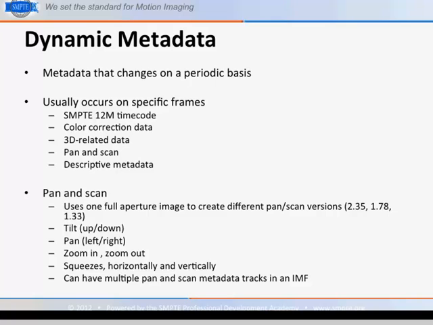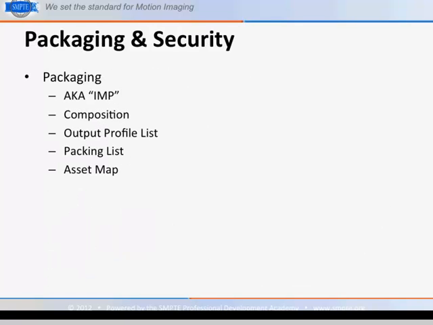So using tilt, pan, zoom in, zoom out, squeezes, both horizontal and vertical. The idea is you could have multiple pan and scan metadata tracks in an IMF. Using this one set of image, you would have, in this case, 3 different pan and scan metadata tracks, one for 2.35, one for 1.78, and one for 1.33.